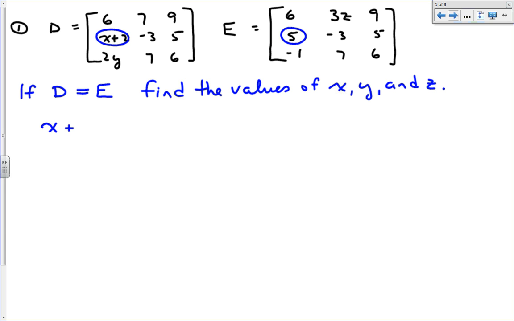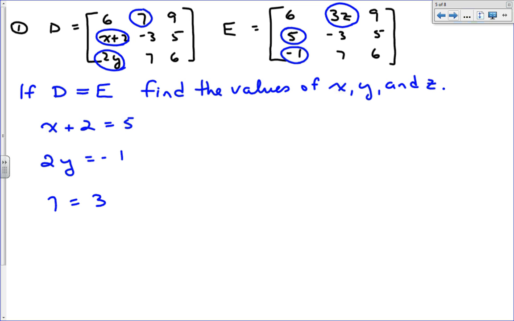So x plus 2 must equal 5. We can see that 2y is in the same location as negative 1, so 2y must be equal to negative 1, and 7 in D is in the same location as 3z in matrix A, so 7 equals 3z.